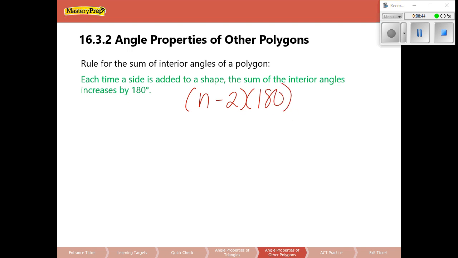Or n minus 2 times 180. That's all it's saying. Each time we add a side, it's increasing the sum of the interior angles by 180 degrees. And we use the minus 2 because a three-sided figure, a triangle, is exactly 180. So we're offsetting that.